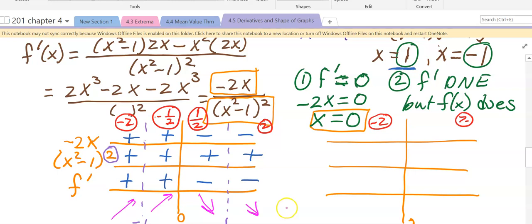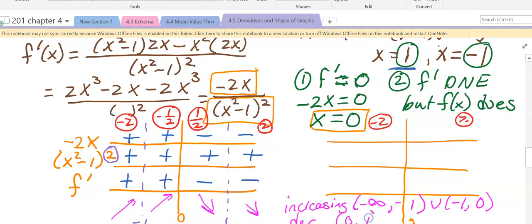That means that my graph is increasing over the interval from -infinity up to -1. Notice I had to break where the domain breaks. And again, from -1 all the way to 0. It will be decreasing then from 0 up to 1, where the domain has a vertical asymptote, and then again from 1 to infinity.